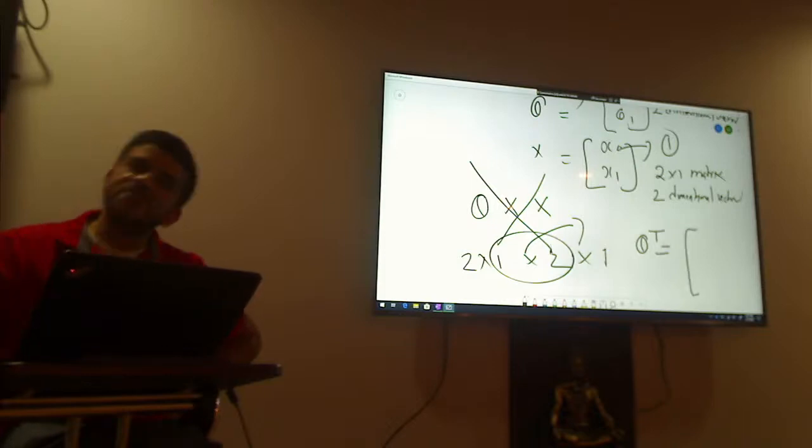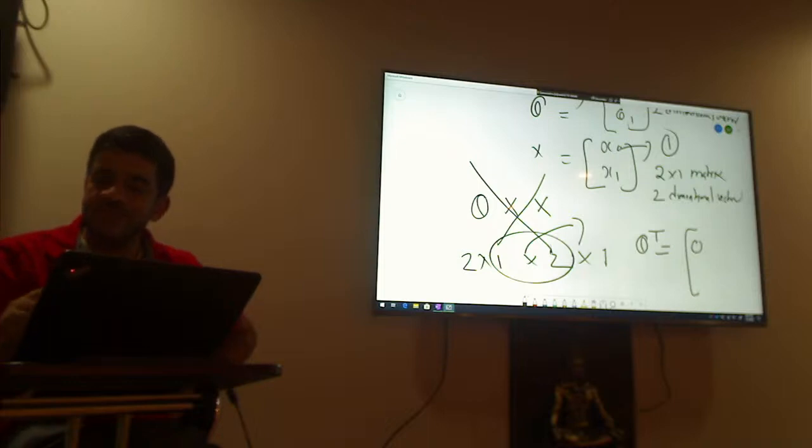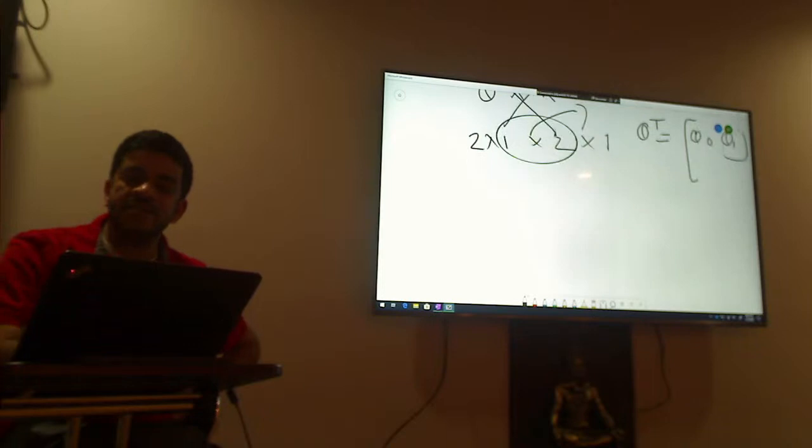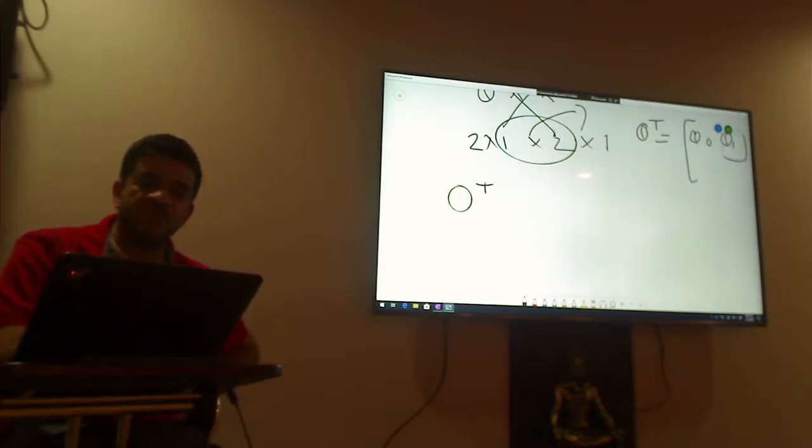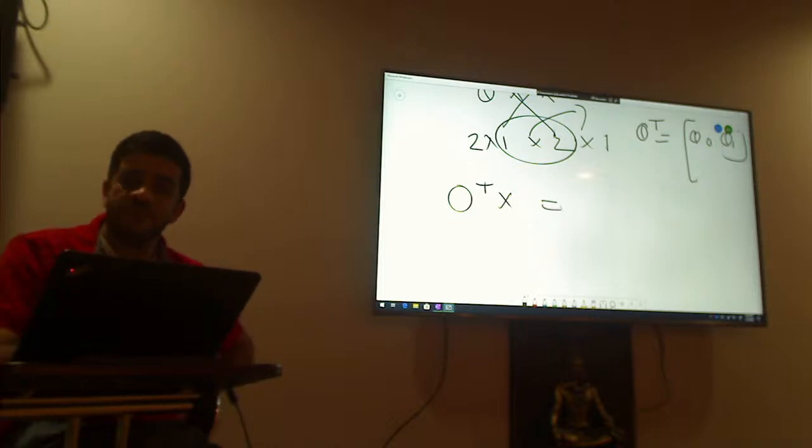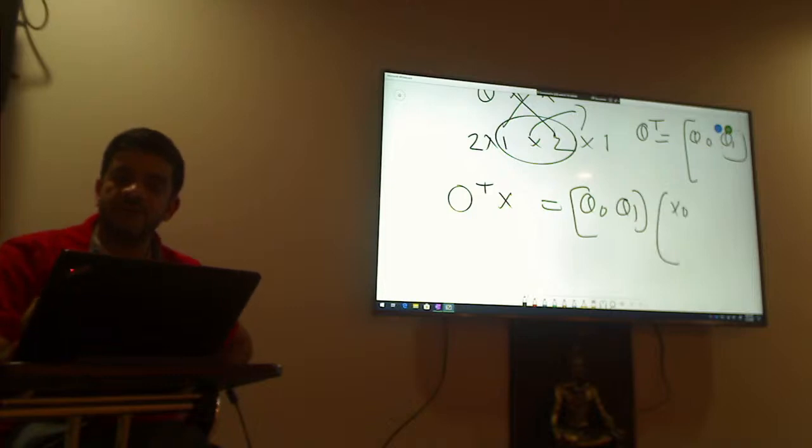Transpose means you just shift the rows into columns and columns into rows. So this will be theta 0, theta 1. If that is the case, what would be theta transpose x? It is theta 0, theta 1 times x0, x1. How do you multiply matrices?